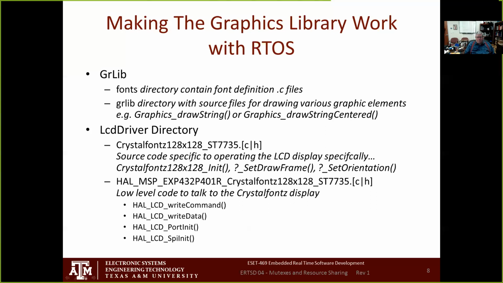So the 128 by 128 init, that particular function is basically calling whatever it takes to initialize the display controller in whatever way that it needs to get initialized. Set orientation tells you whether you want the display pointed up, pointed down, pointed left, pointed right. So you can actually draw your text on it as rotated, if you will.